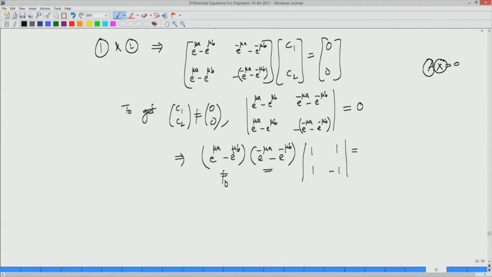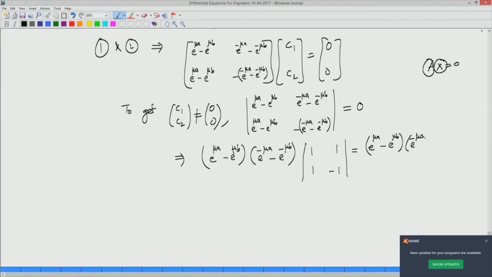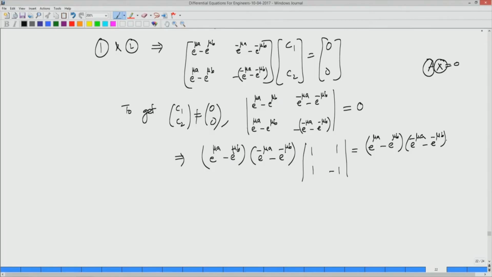This factor is non-zero and this factor is non-zero, and the determinant is simply (e^(mu a) − e^(mu b))(e^(−mu a) − e^(−mu b)) times the determinant of 1 1, 1 −1, which is minus 1 minus 1, that is minus 2. This is never 0 for every mu positive.